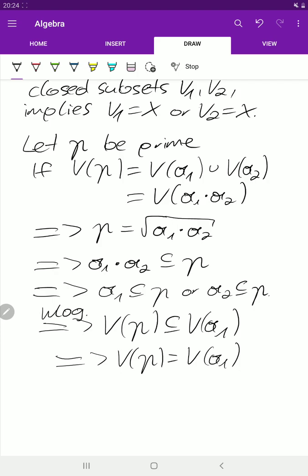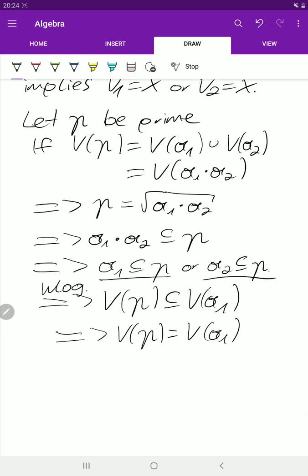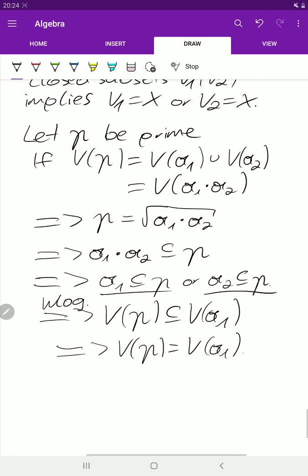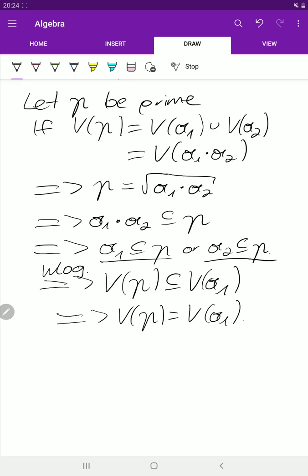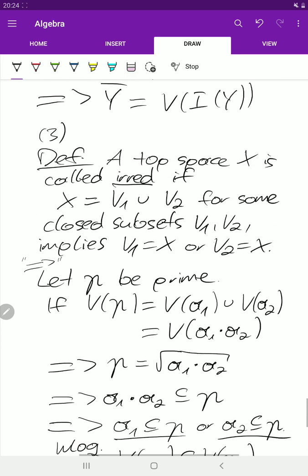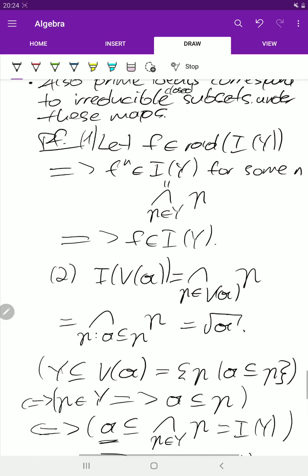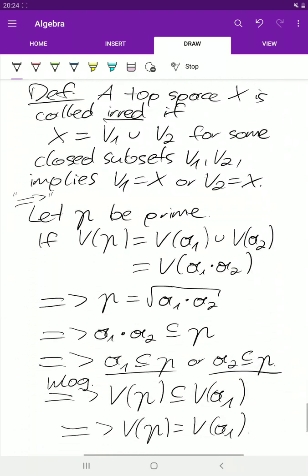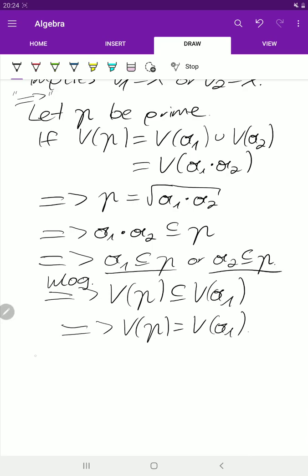So V of P could of course also be a subset of V of A2 if we're in this case. But we're in one of these cases, so we have that the space is irreducible if P is a prime. Let me maybe make a note so we know what I started with: primes in the statement, yeah, prime ideals correspond. Okay, and now let's prove the other direction.